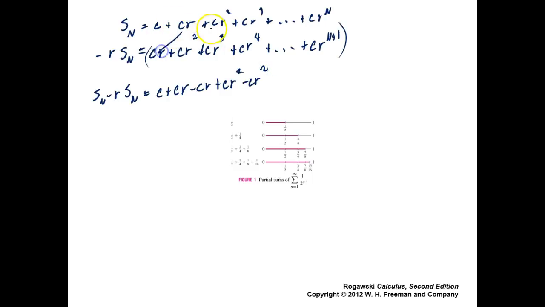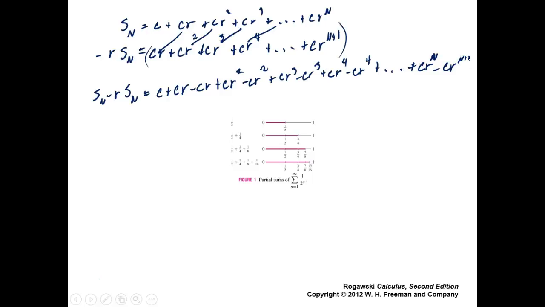You see, this minus this, this minus this, this minus this, all the way up to plus CR cubed minus CR cubed plus CR to the fourth minus CR to the fourth plus dot, dot, dot, up to, and the very last term would be plus CR to the n minus CR to the n plus 1.